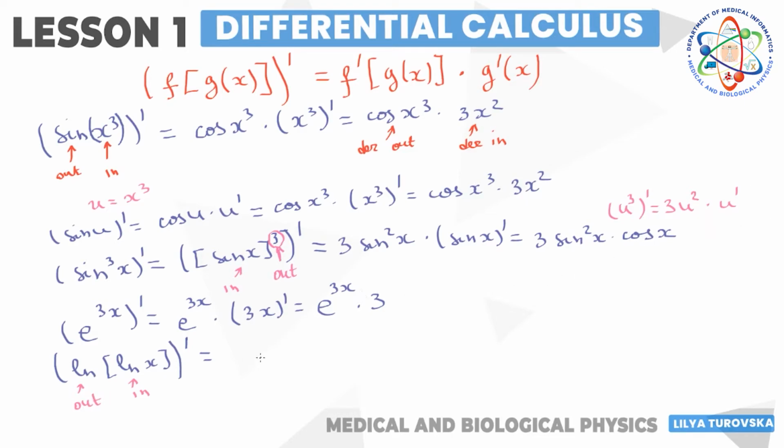Remember that the derivative of the logarithm of x is 1 over x, but we have a logarithm of a logarithm, so the derivative of the outside function gives us 1 over logarithm x, and multiply by the derivative of the internal function. We have 1 over logarithm x times 1 over x, or simply 1 over x logarithm x.